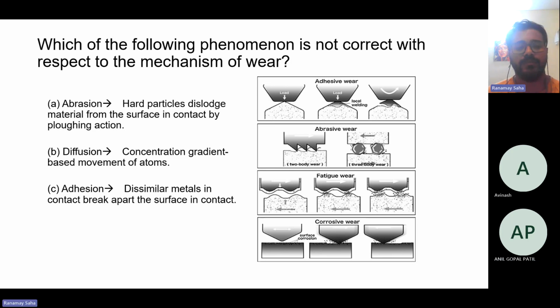Then you have adhesion, where there are strong bonds, and the metals in contact can break apart. So it is not correct here. Adhesion option is correct because here it says dissimilar.